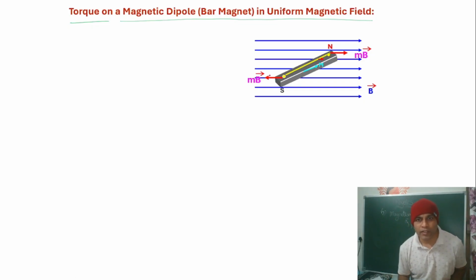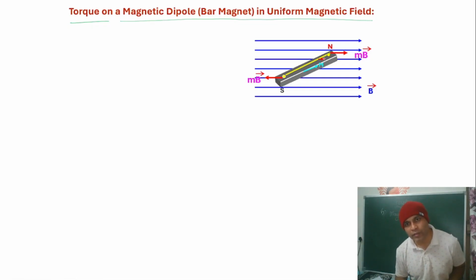There is a magnetic force acting with the pole strength m in the south direction this way and the north direction this way. Inside the magnet, the magnetic field always travels from south to north.